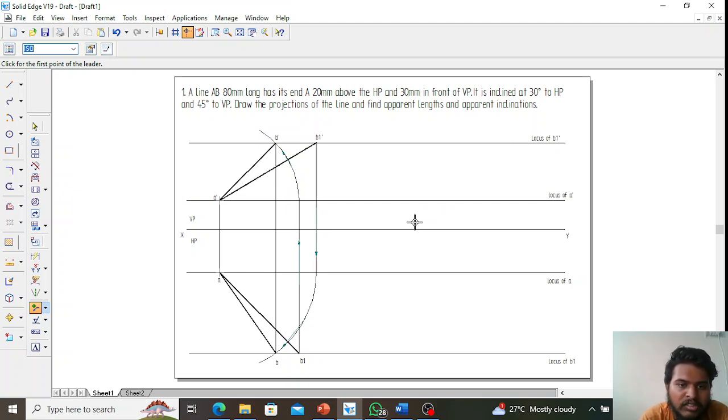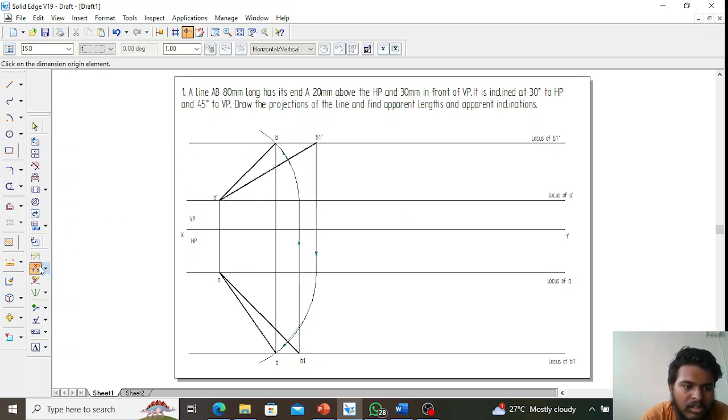Now what we will do is we will find the projection angles. So the original angle for this one is, as you have given, 30°, and this one is 45°. Okay, now we will find the apparent inclinations.